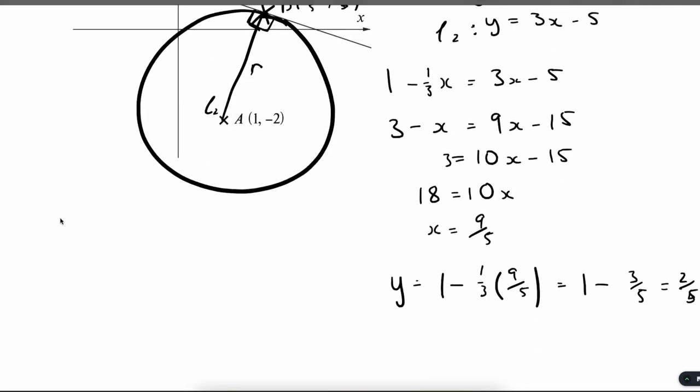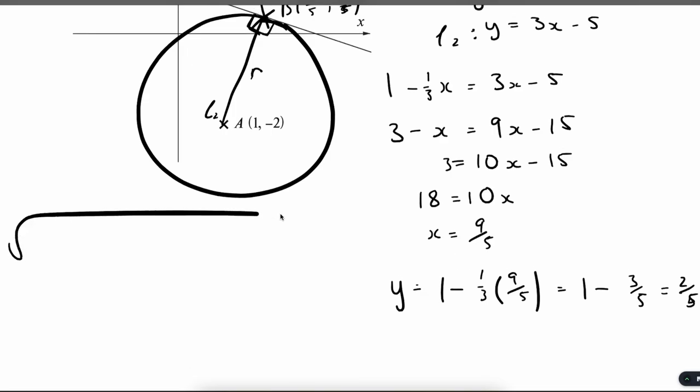So the distance between A and B is the square root of 9 over 5 minus 1, squared, plus 2 over 5 minus minus 2, squared.